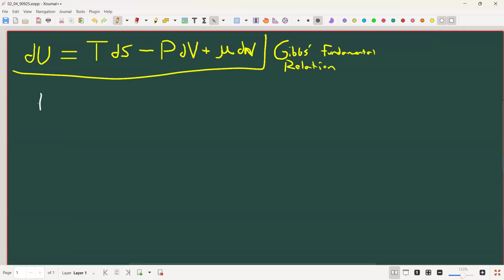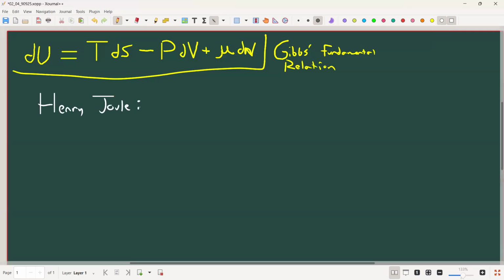So this is an experiment that came from Henry Joule, the namesake of the energy unit. This is the early 1800s. Henry Joule does a very, very simple experiment. He wants to understand the nature of energy. This is right around the rise of modern chemistry, which was basically developed in the 1740s to the 1780s in France.